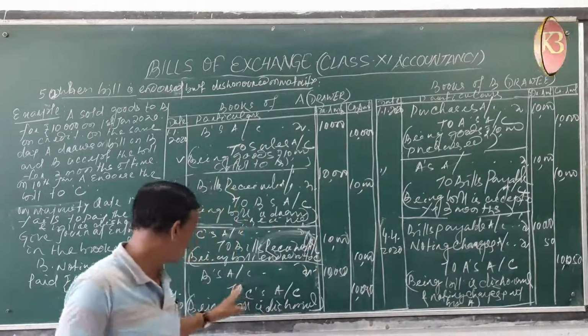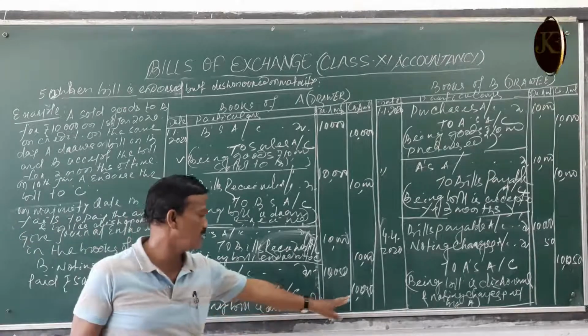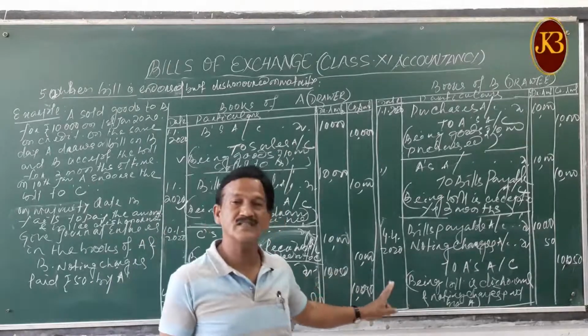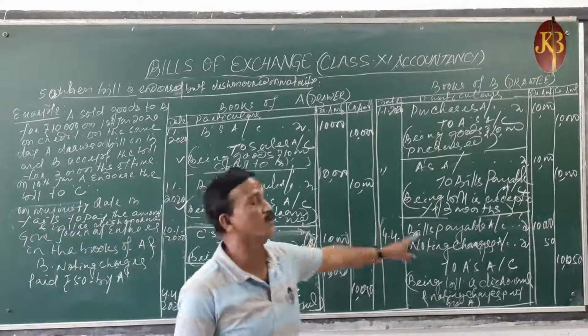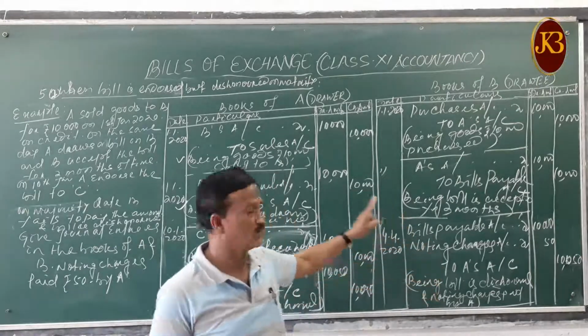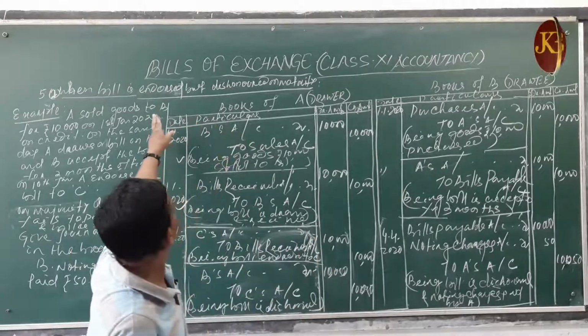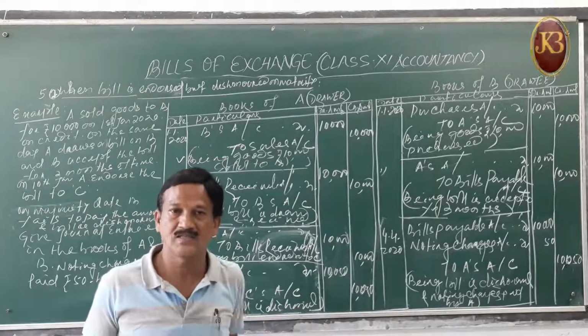Then in the books of the drawer, the endorsee's account is debited, including the noting charges, because noting charges will be paid by C, which is to be recovered from A, and A will recover it from B. So that is the journal entries when the bill is endorsed but dishonored on maturity.